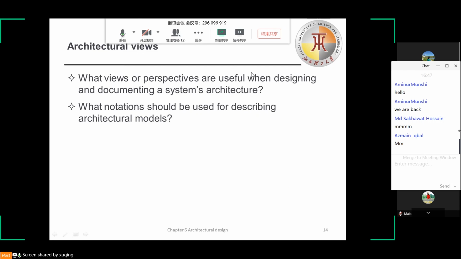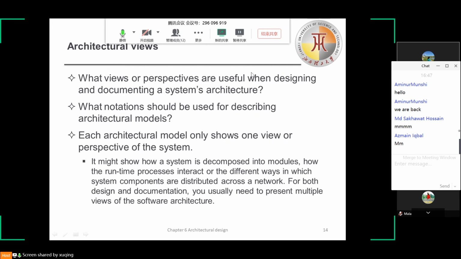In fact, it is impossible to represent all relevant information about a system's architecture in a single architectural model. As we know, each architectural model only shows one view or perspective of the system.